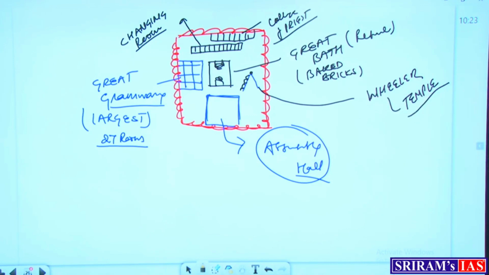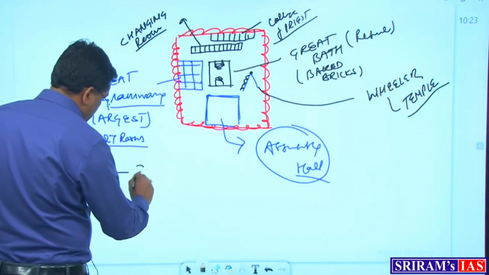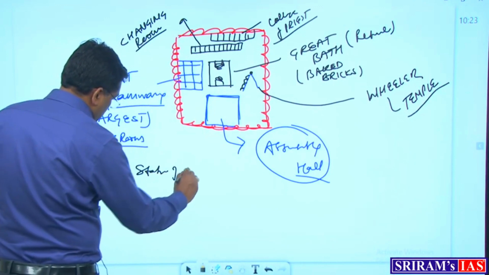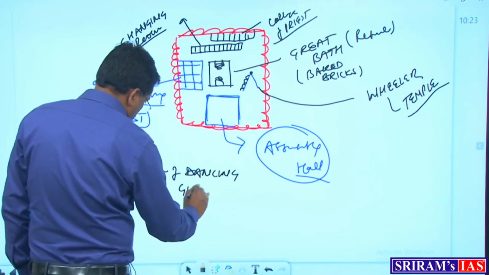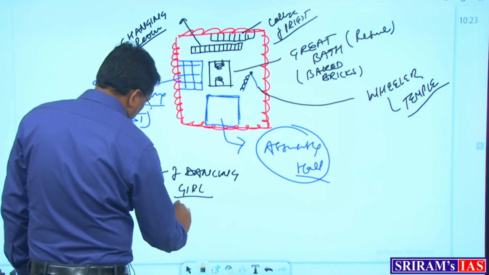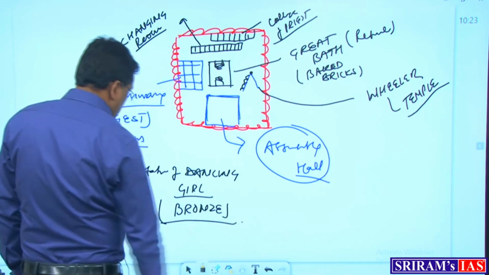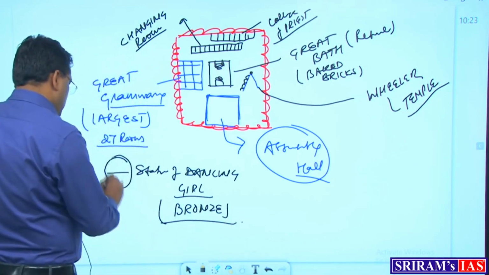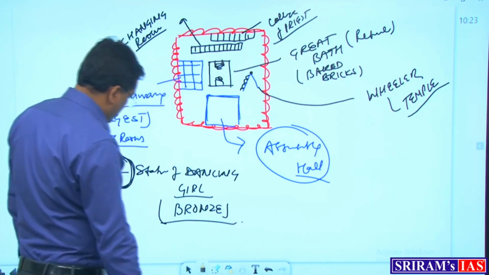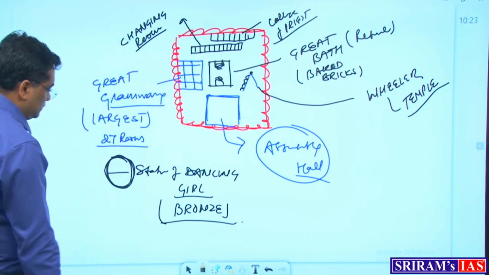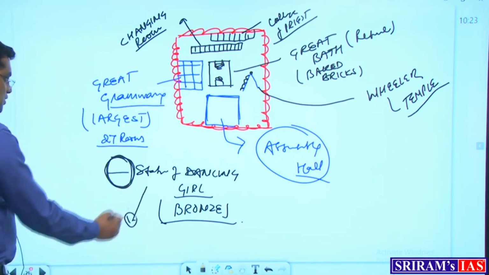Then we have found from Mohenjo-daro a statue of a dancing girl made of bronze. This is a very good statue.